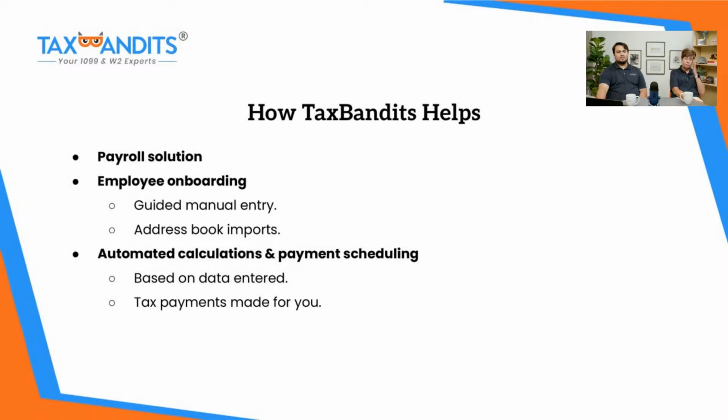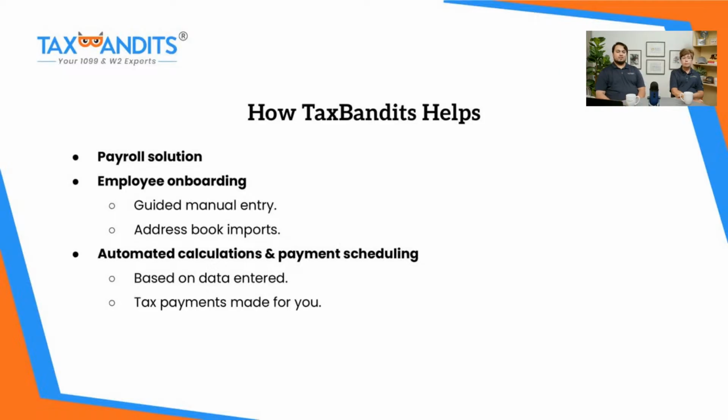And so with TaxBandits, we offer a payroll solution. A lot of what we've discussed is built into the payroll solution. So employee onboarding, you putting in the information of the W-4. You can either fill it out or send it to the employees and have them fill it out for you.